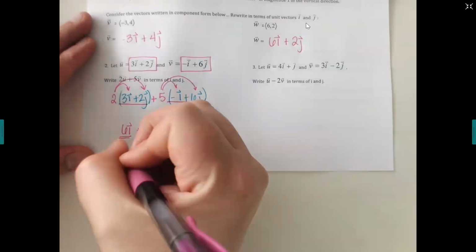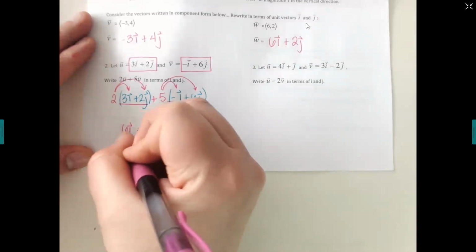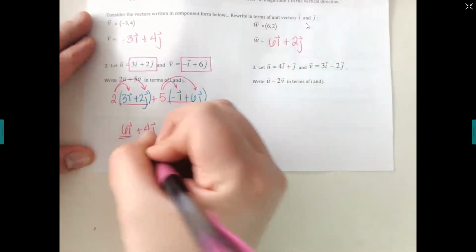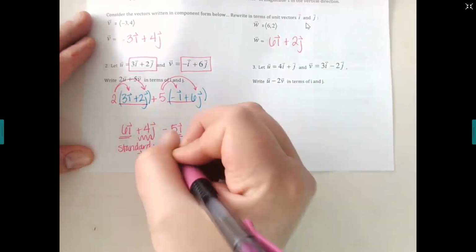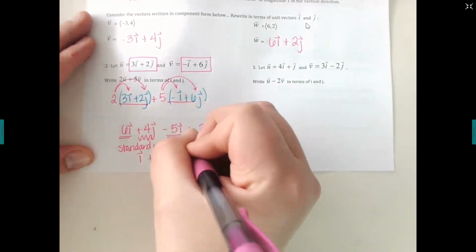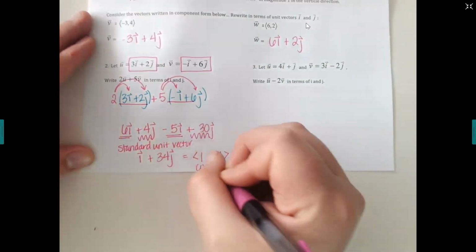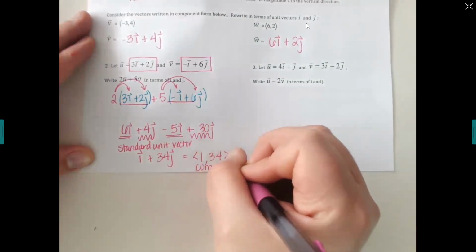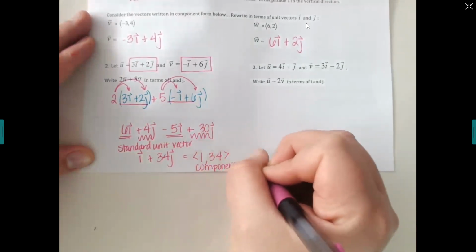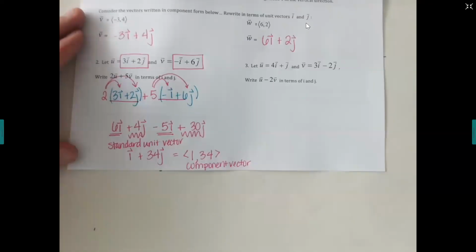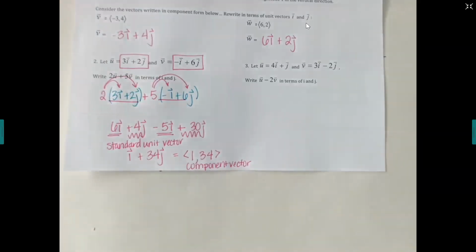This is a standard unit vector. And this one is a component vector. But pretty much you do everything the same. It's just, are you giving it the pointy brackets x, y, or are you giving it i, j?